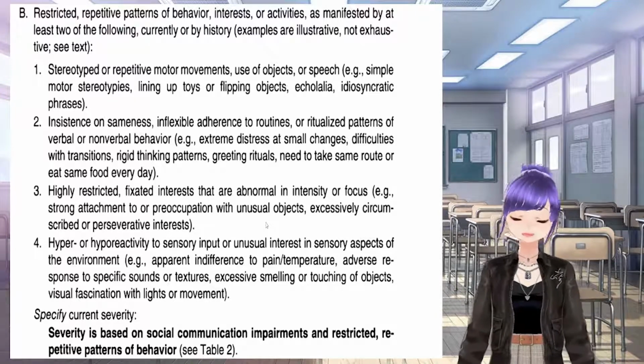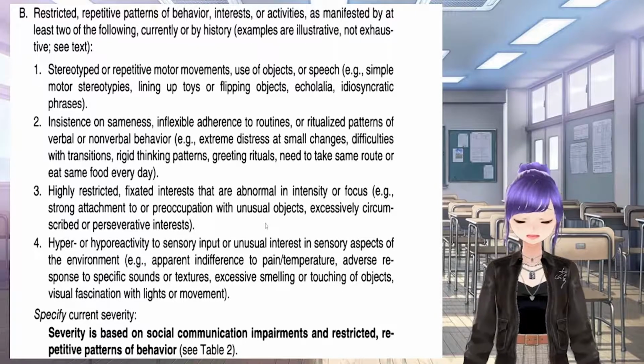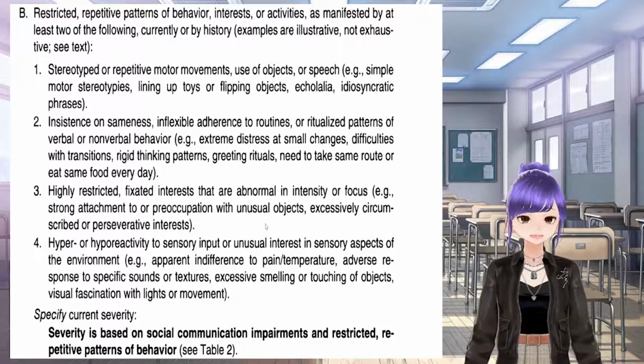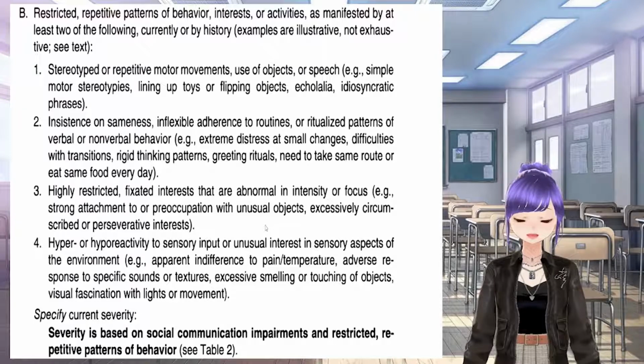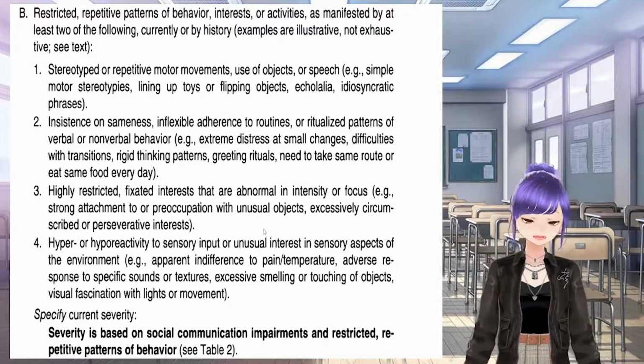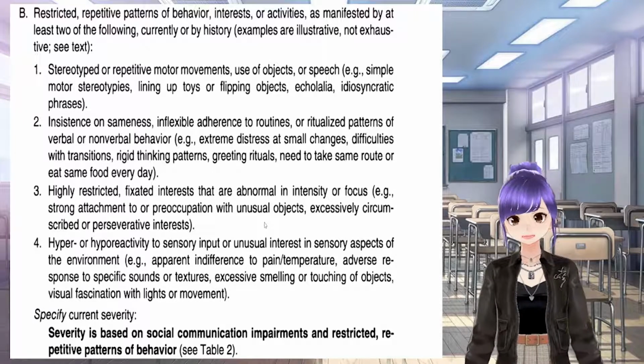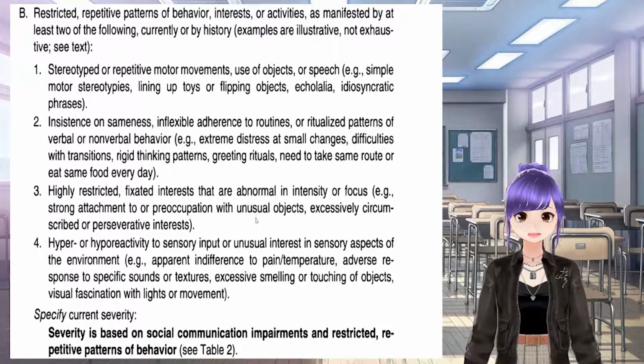And number four, hyper- or hyporeactivity to sensory input or unusual interest in sensory aspects of the environment. For example, apparent indifference to pain or temperature, adverse response to specific sounds or textures, excessive smelling or touching of objects, visual fascination with lights or movement.